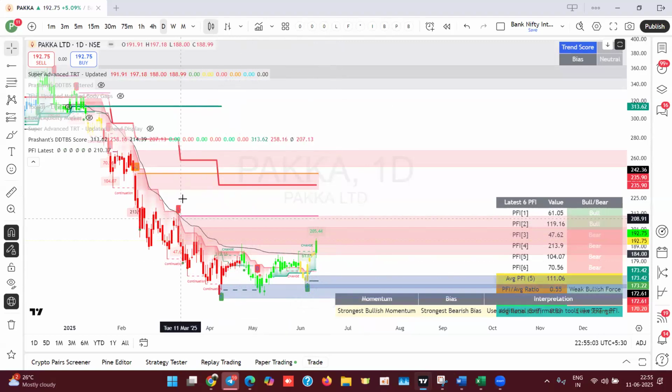This down arrow high is not yet broken. So it is possible that this high may get broken and then prices may come down. So I would exit at this level and keep on waiting for a retracement entry. So that can be used as a partial exit or complete exit depending on your risk appetite. A high PFI number is not visible, therefore I will not keep on holding for big targets.